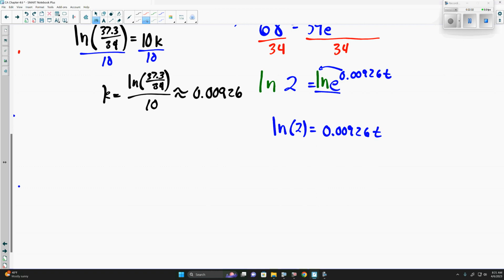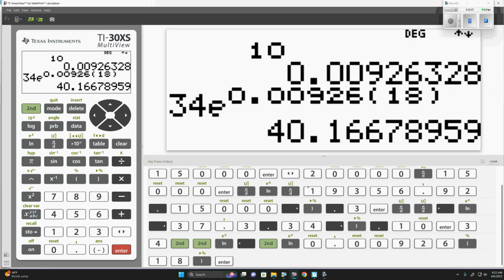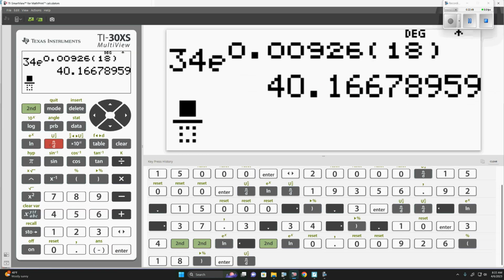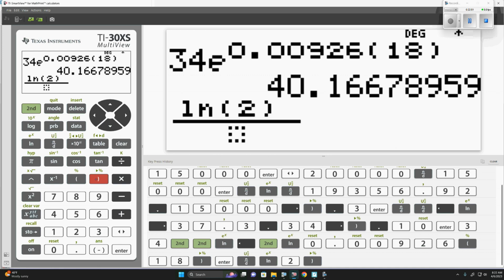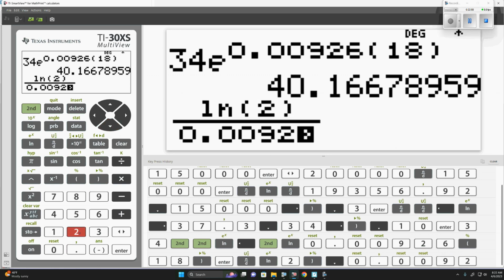And last but not least, we're going to divide both sides by 0.00926 to get those to simplify and leave t by itself. In the calculator, ln of 2 divided by 0.00926.